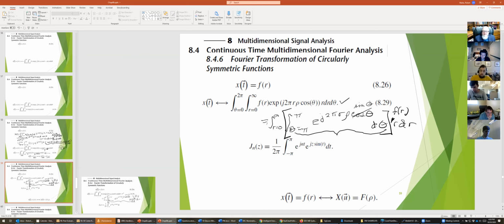And then we come down here, and where do we get this? Well, it's one of these identities we look up in, I don't know, Wolfram's MathWorld or something like that. And it's a relationship for this integral, and this integral turns out to be a Bessel function.